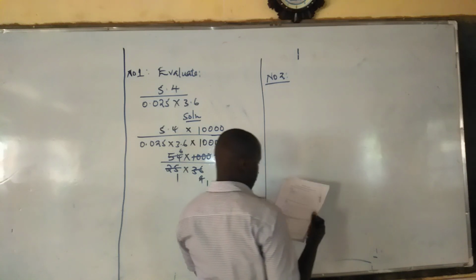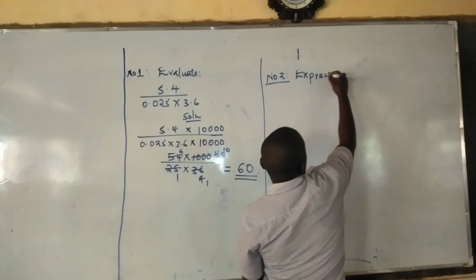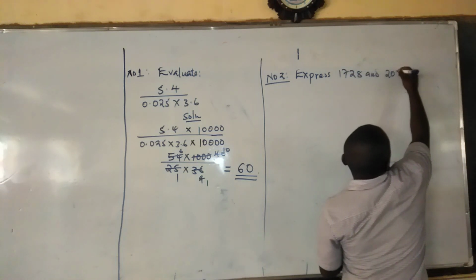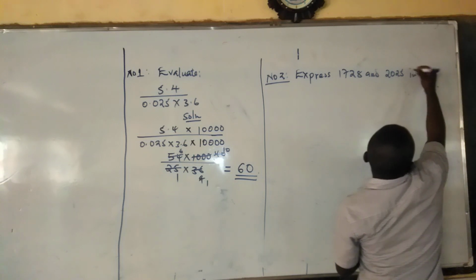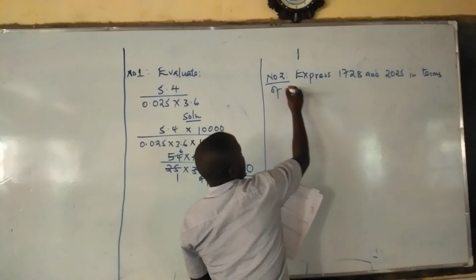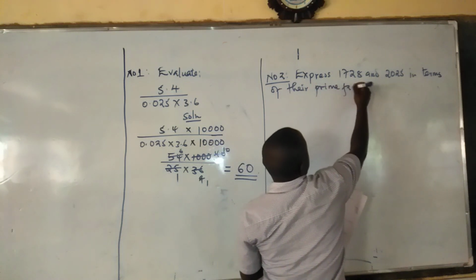In the next question, which we are calling number 2 now. Express 1728 and 2025 in terms of their prime factors.